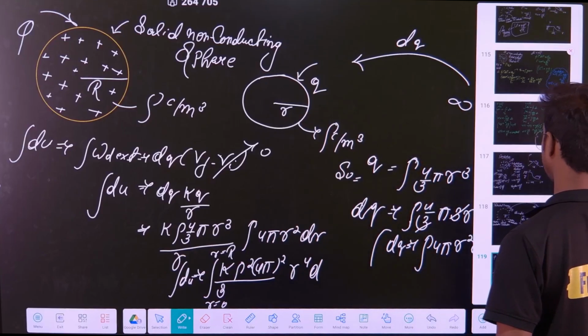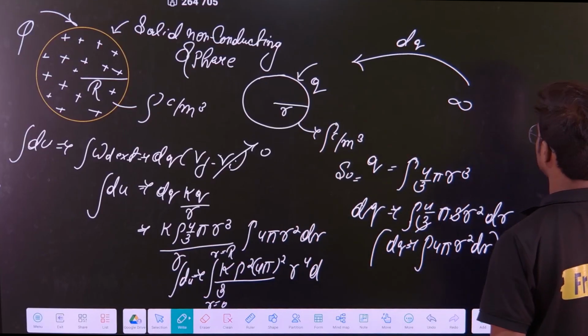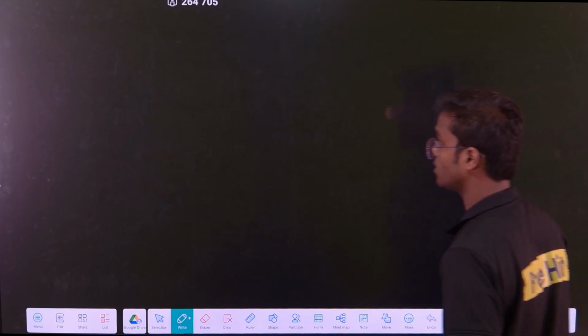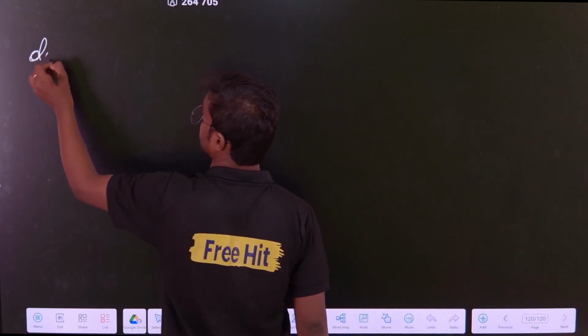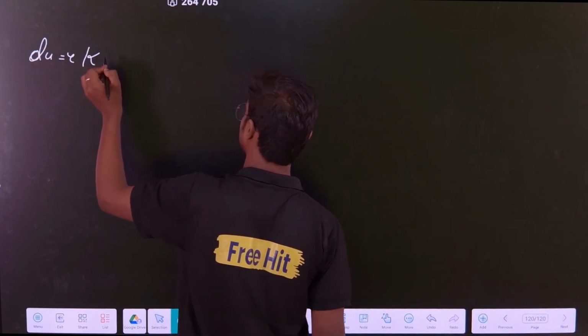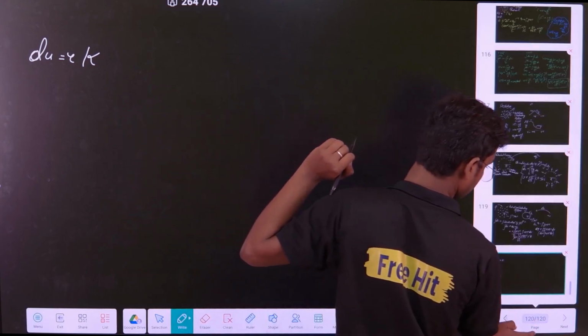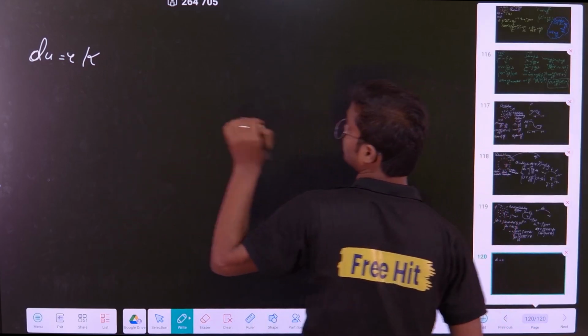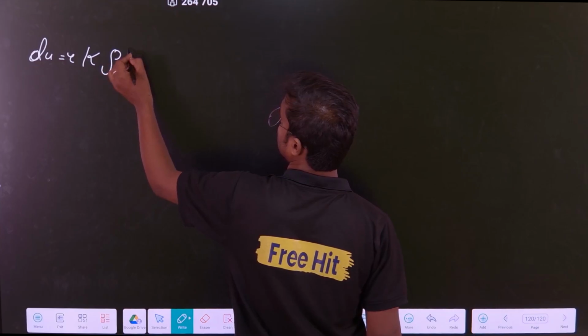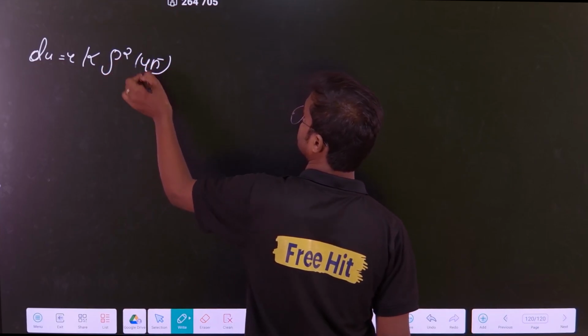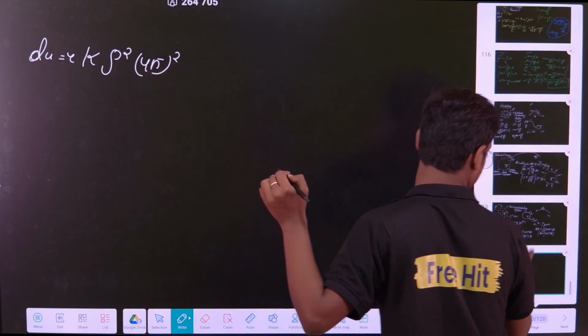Let us integrate. Okay, move to the next page. Write it here. dU is equal to k rho square 4 pi square r to the power 4 into dr. Tell me if I am doing anything wrong, any calculation mistake.